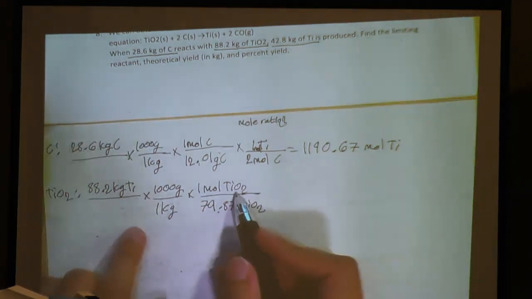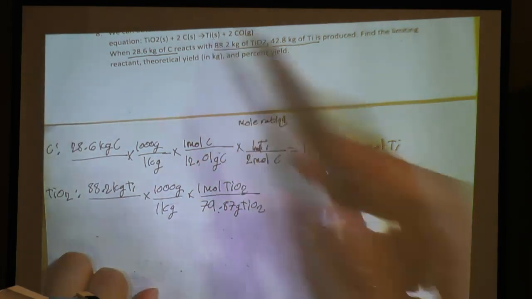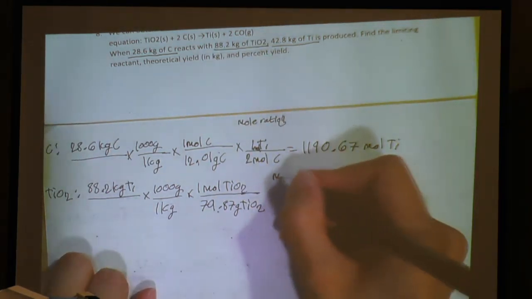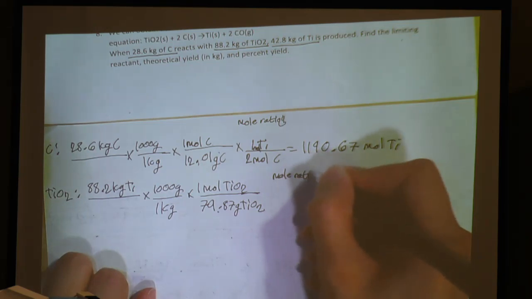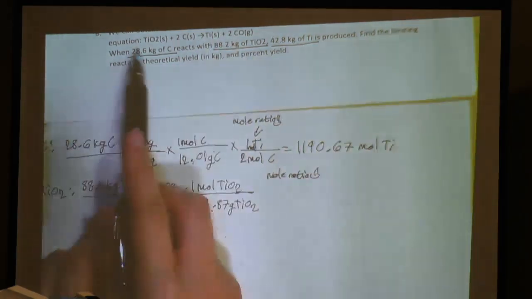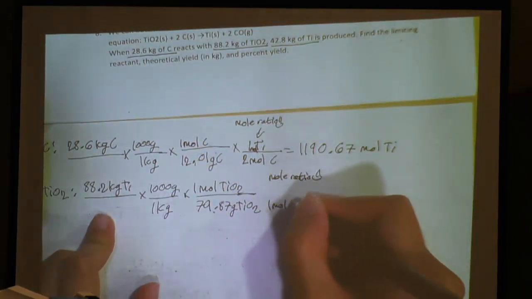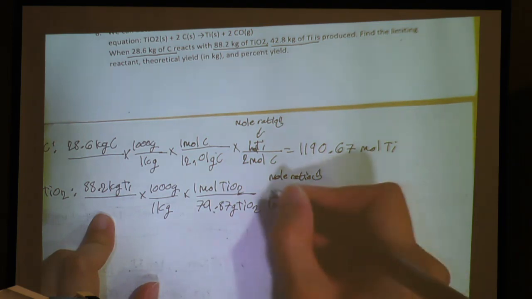Now we're in moles of TiO2, but we want to get into moles of titanium. So again, we use our mole ratio. There's our mole ratio step. TiO2 to Ti is a 1-to-1 ratio: 1 mole TiO2, 1 mole Ti.